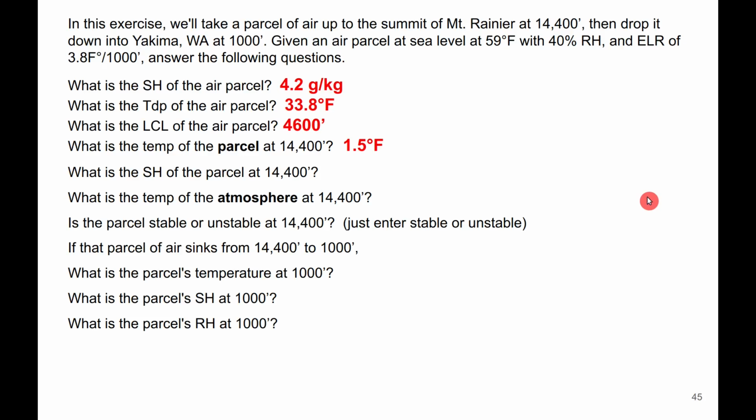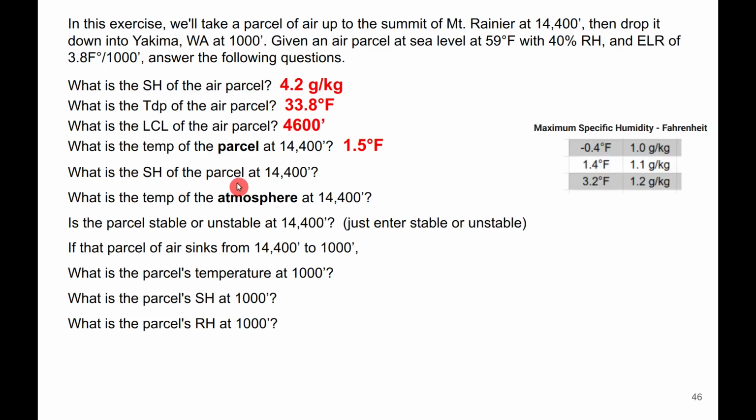If we know the temperature of the parcel, then we know the specific humidity. Since the parcel hit 100% relative humidity and continued to cool as it rose, it's still going to be at 100% relative humidity. So the specific humidity of the parcel at 14,400 feet is going to be the same as the maximum specific humidity, because the parcel's at 100% relative humidity.